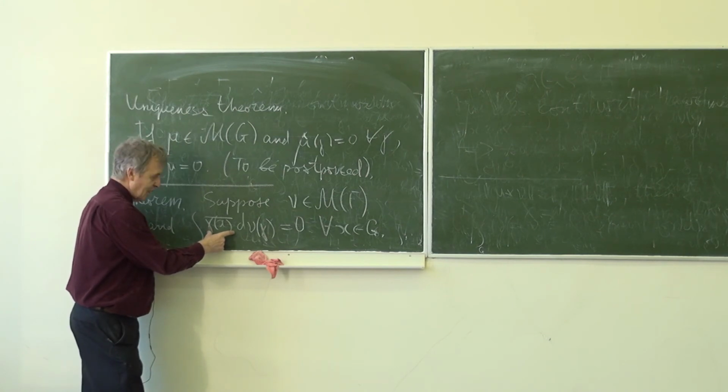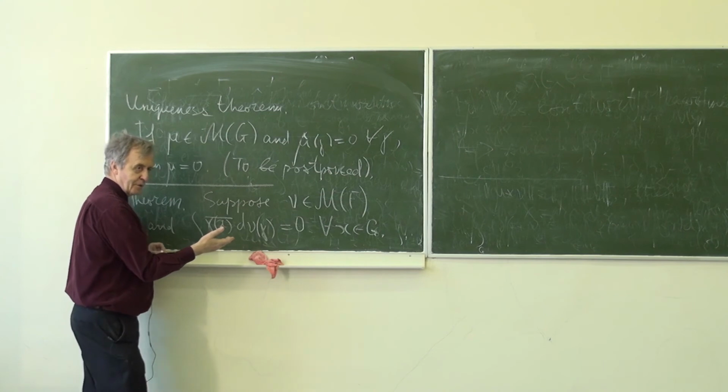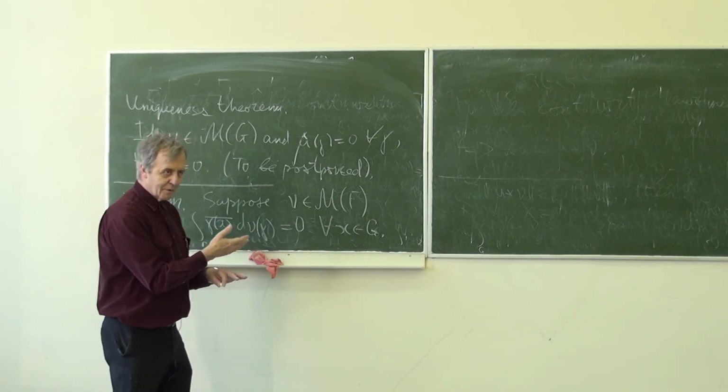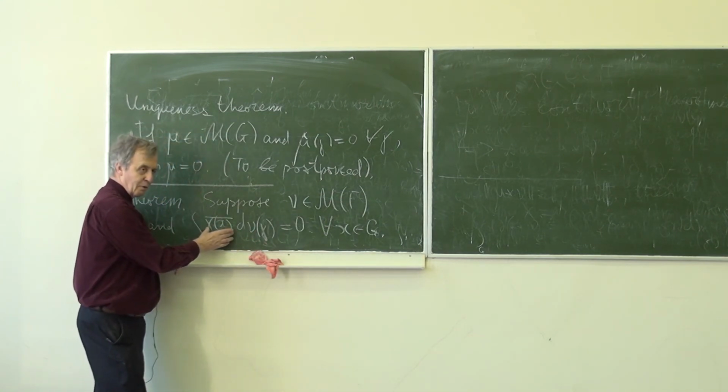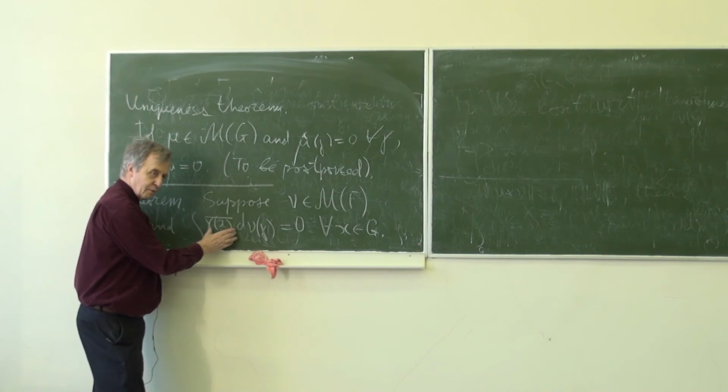So we already discussed that the situation is symmetric. So later we'll see that all characters of gamma are of this form.